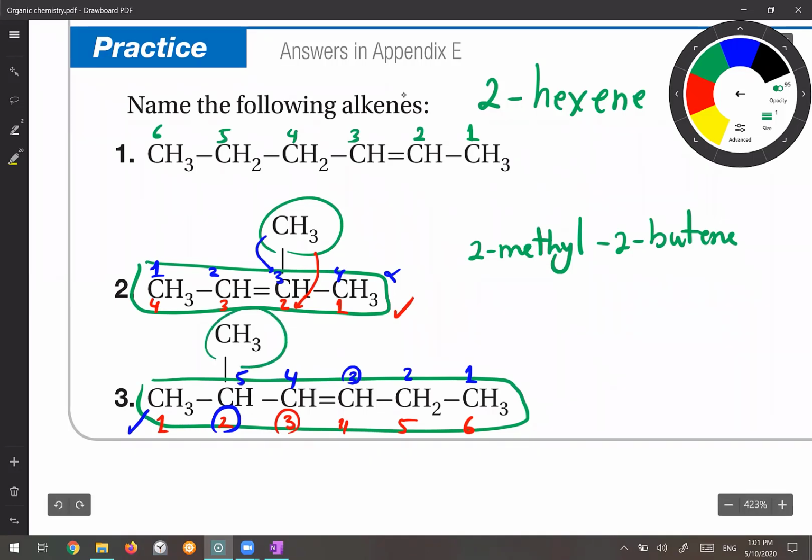It's methyl on the second position. So I have 2-methyl. Then I have alkene with the 6 carbon. And the double bond is on the third position. So I have 3-hexene. Hexene represents the alkene. This 3 is the position of this double bond.